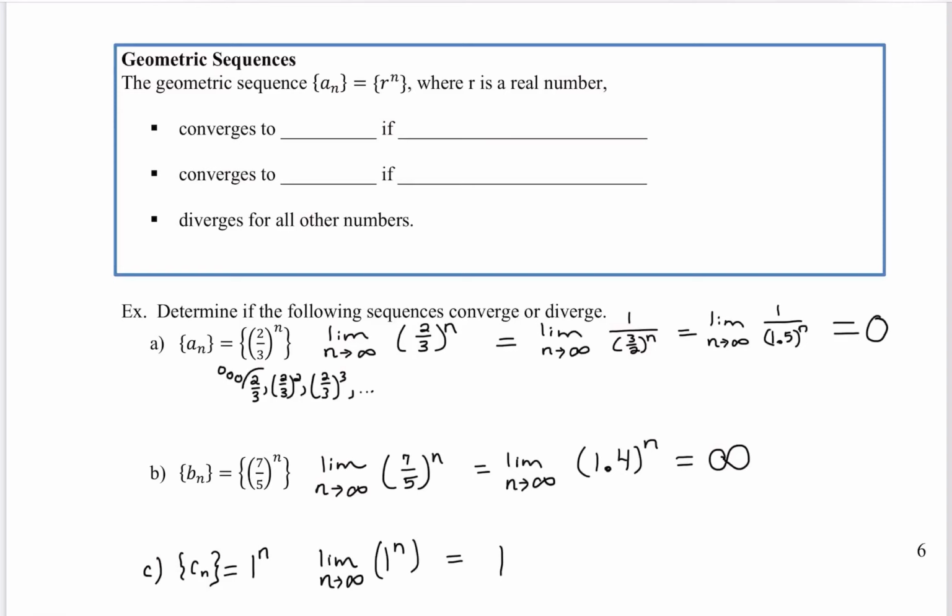What makes it geometric is that going from one term to the next you get a common ratio. Every time we are multiplying by a factor of 2/3. So that's the heart of what a geometric sequence is. There is a common ratio, a base being raised to the nth power.